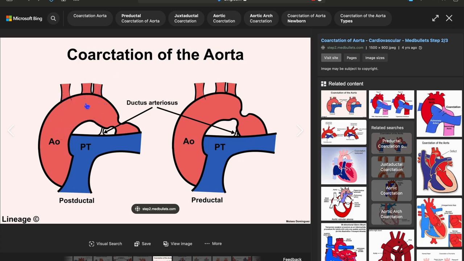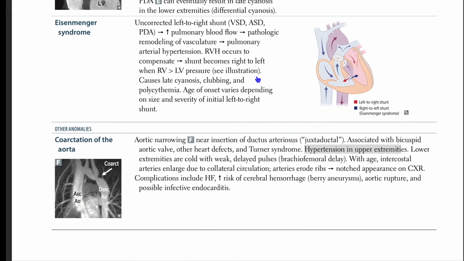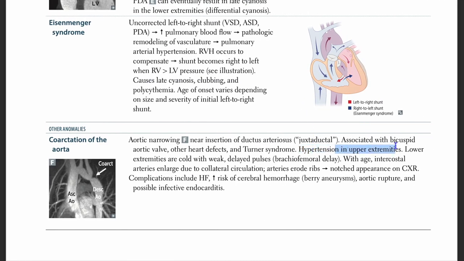Even though it's splitting, this is known as the great vessel. So that's why you have a higher systolic pressure in the upper extremities, or hypertension, because of that. And whatever is leaking through is going to be less than whatever is in here, right? That's why you have different pulse. There's a pulse difference between the upper extremities and the lower extremities, because the descending aorta goes all the way down to the iliacs and then it splits, right? So that's why hypertension in upper extremities.